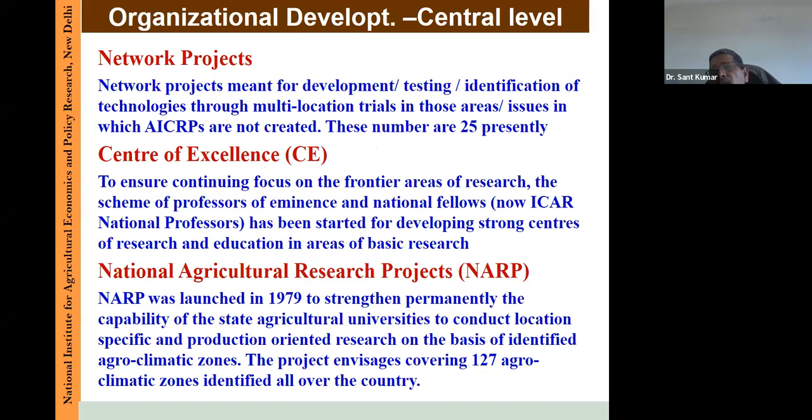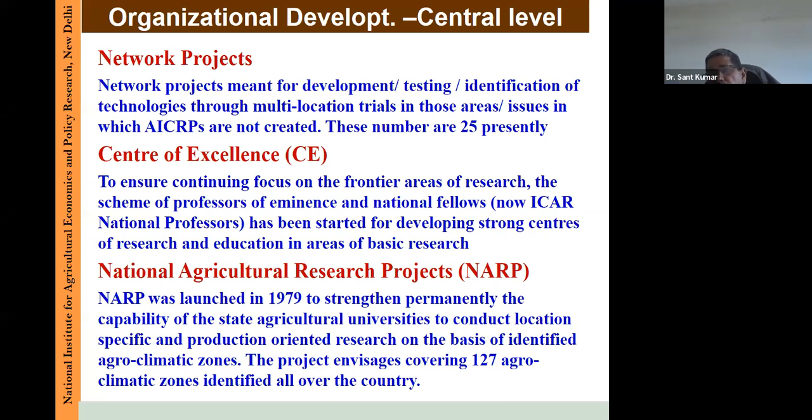Such network projects at present number 25. Centres of excellence were also created to ensure focus on the frontier areas of research. The scheme of Professor of Eminence and National Fellows has been started for developing strong research and education in the area of basic research. The idea was to strengthen the basic research.